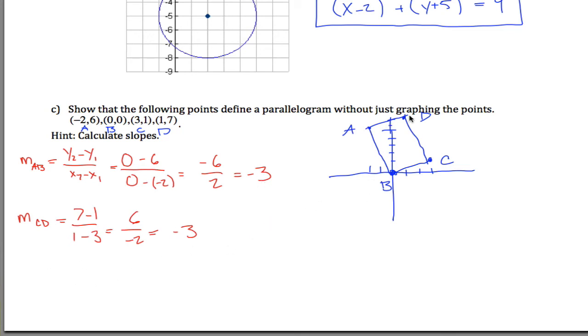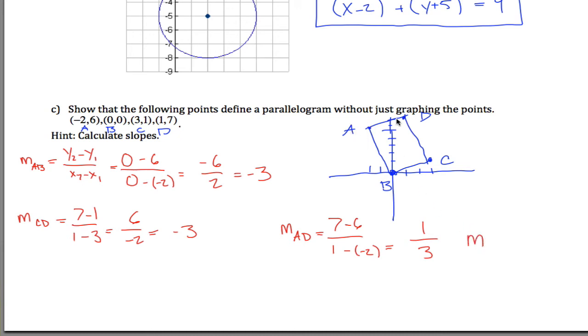What I now need to do is make sure these two lines are parallel also. So let's see the slope between A and D. The y-coordinate for D is 7 minus the y-coordinate for A, which is 6, divided by the x-coordinate for D, which is 1, minus the x-coordinate for A, which was -2. 7 minus 6 is 1. 1 minus -2 is 3, so 1/3.